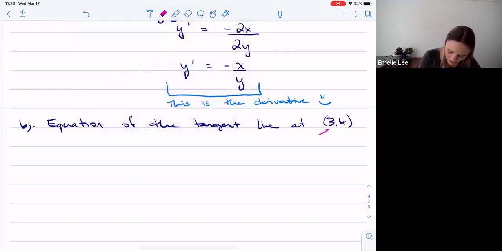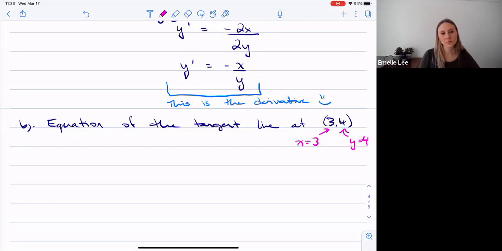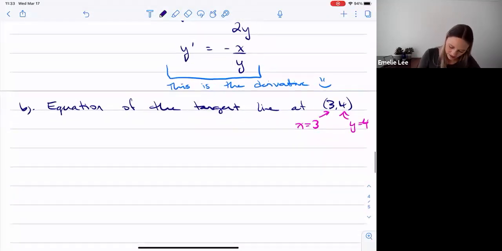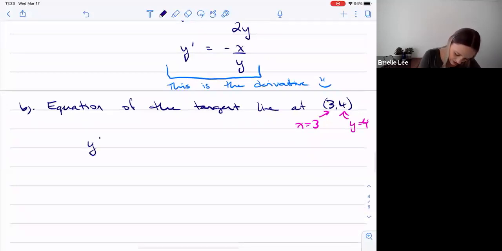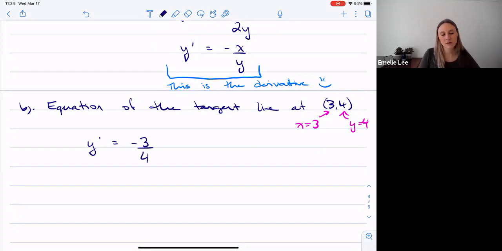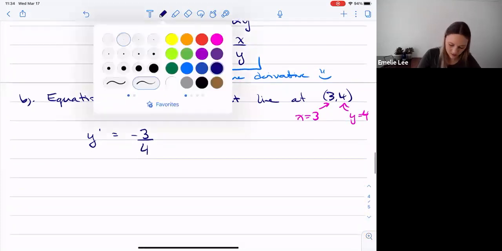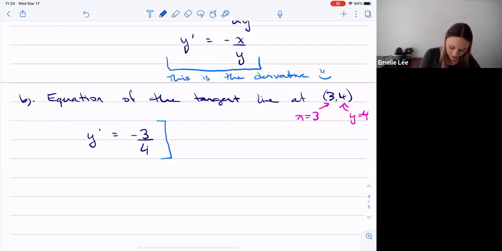I'm just going to emphasize here that this means that x is 3 and y is 4. And from that, I know that y prime is -3/4.